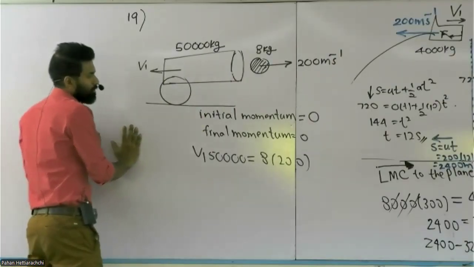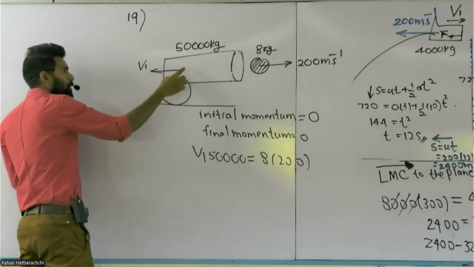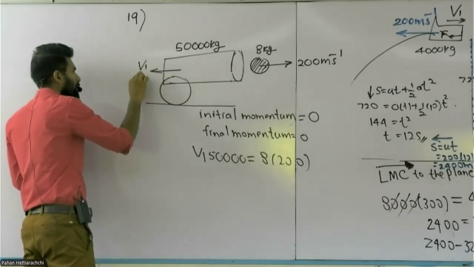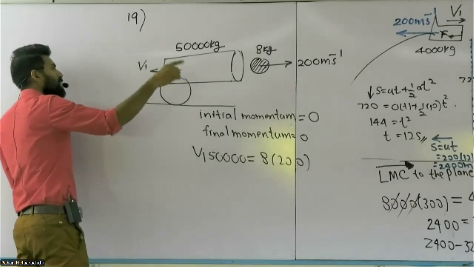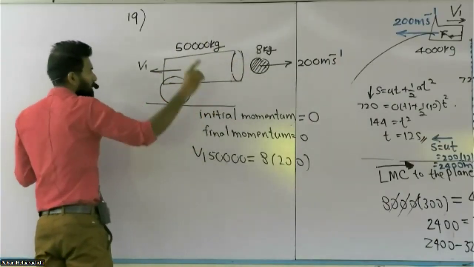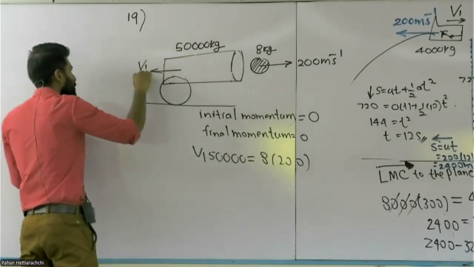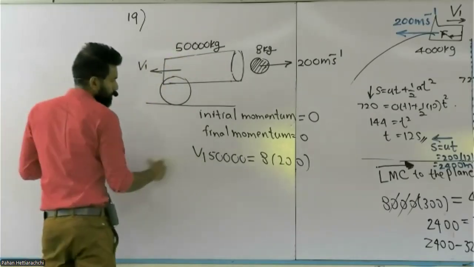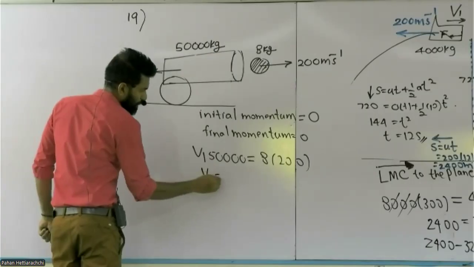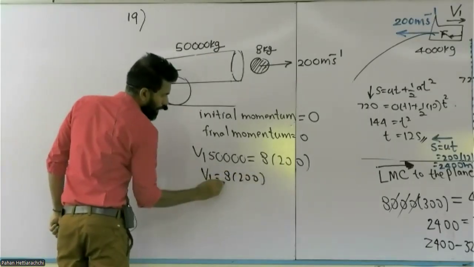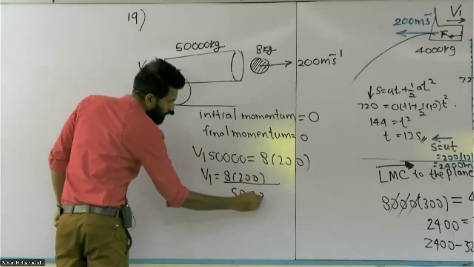The cannon will recoil to the backward direction while the shell is moving to the forward direction. Forward momentum 8 into 200 is equal to 50,000 into v1 to the other side. So you can find the recoil velocity: 8 into 200 divided by 50,000.